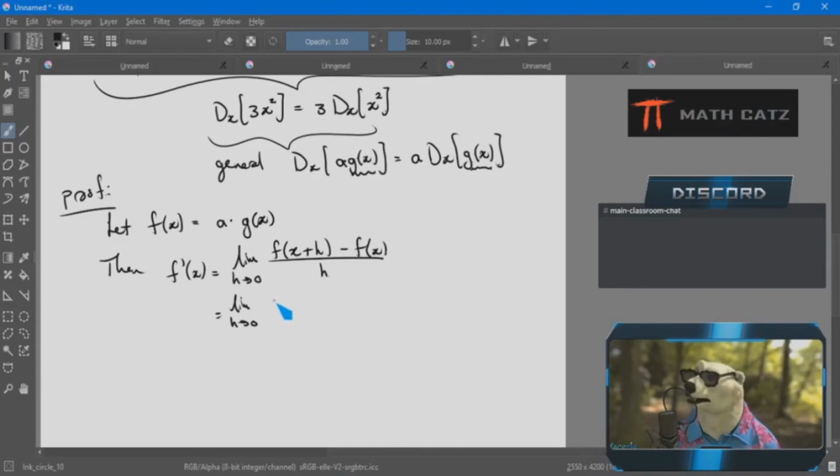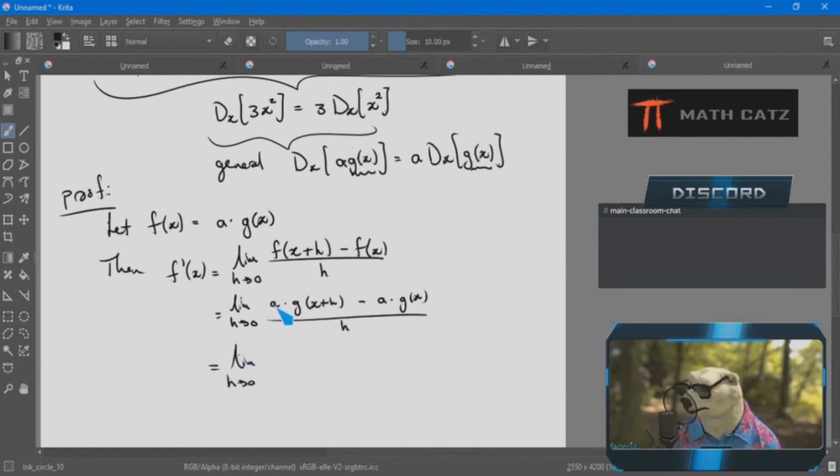Now, the function f is a number a times some other function g. So f of x plus h is a times g of x plus h. Minus f of x, which is a times g of x, over h.